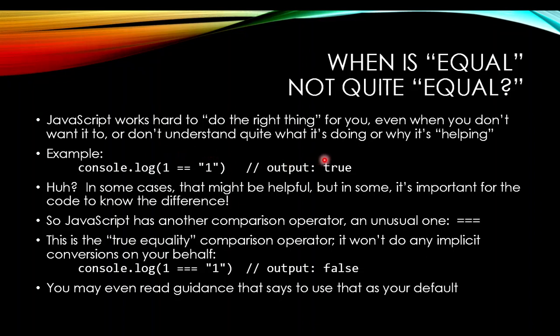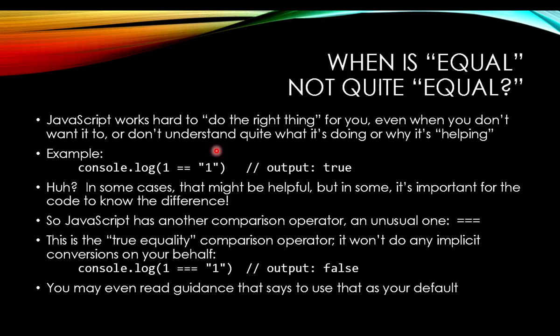JavaScript will say, yep, it certainly is. Now, you might say, well, that's helpful because if it's either thing, maybe I consider that to be the same as 1, and that's okay. But there can be times when you absolutely do not want that. I don't necessarily want the number 1 to be the same as the string 1. For my particular use, maybe that would be a bad thing to confuse the two, because I need to know a string from a number.